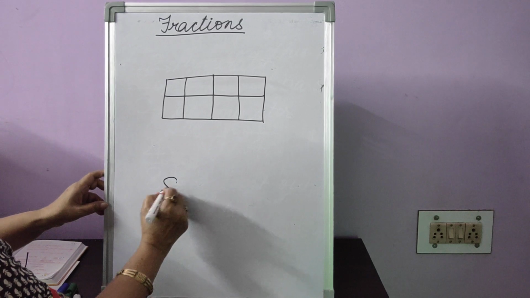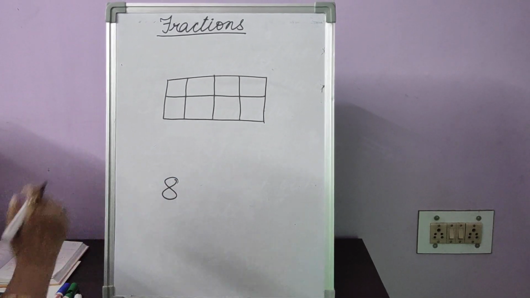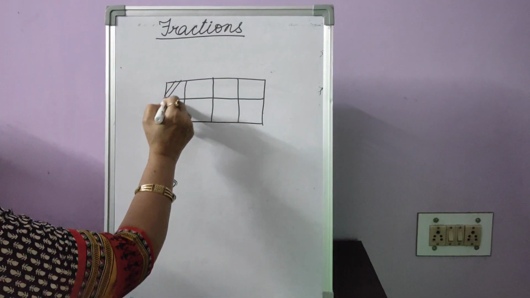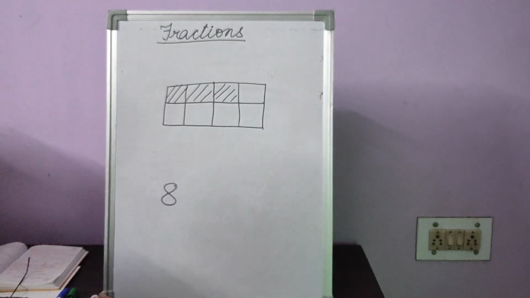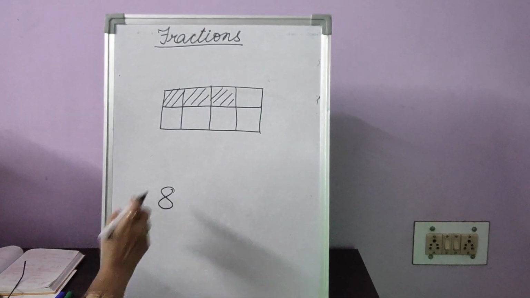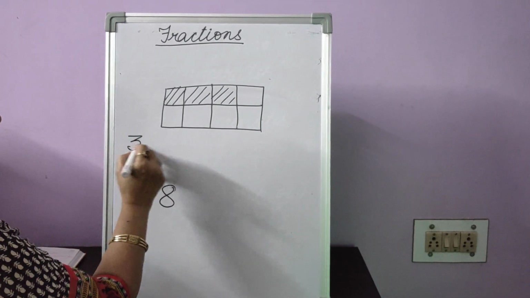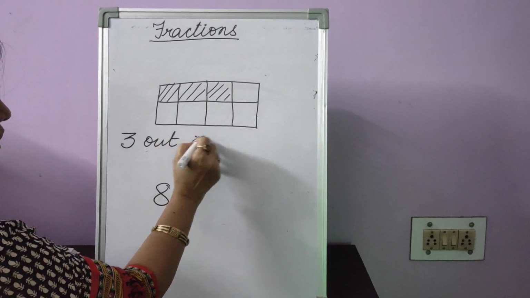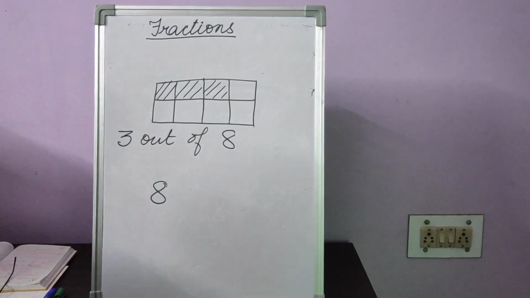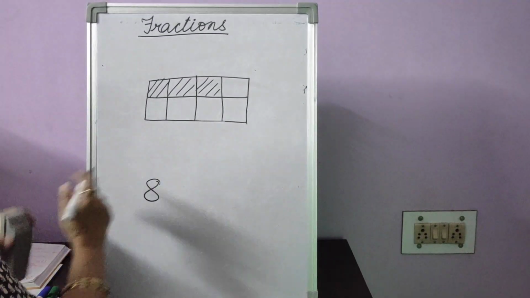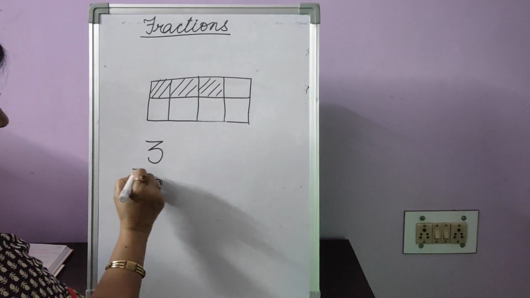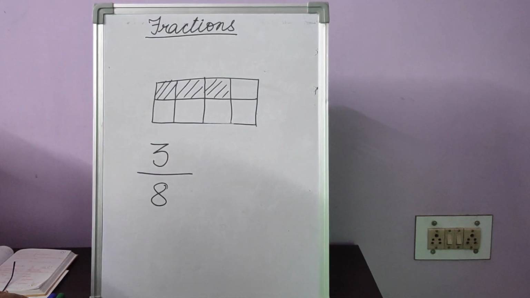There are 8 pieces. Out of these 8 pieces, you have eaten how many pieces? 3 pieces. So, you have eaten 3 out of 8 pieces, right? When we write it in the form of a fraction, we will write it as 3 upon 8.